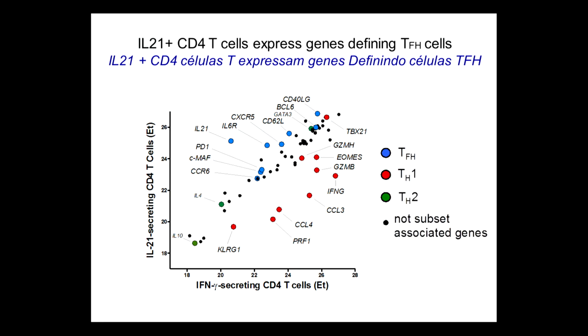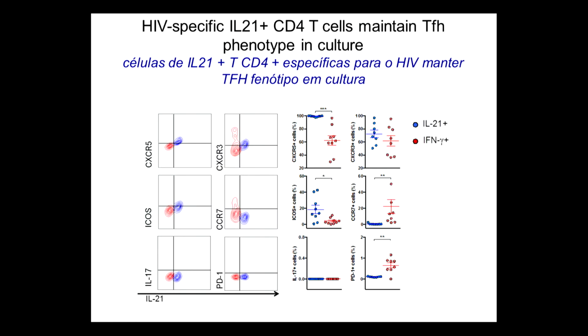So we took those cells after sorting in culture. Remember, it's a very small population, so we had to expand them in culture. And also in culture, they showed phenotypically an expression pattern that has been associated with T follicular helper cells.